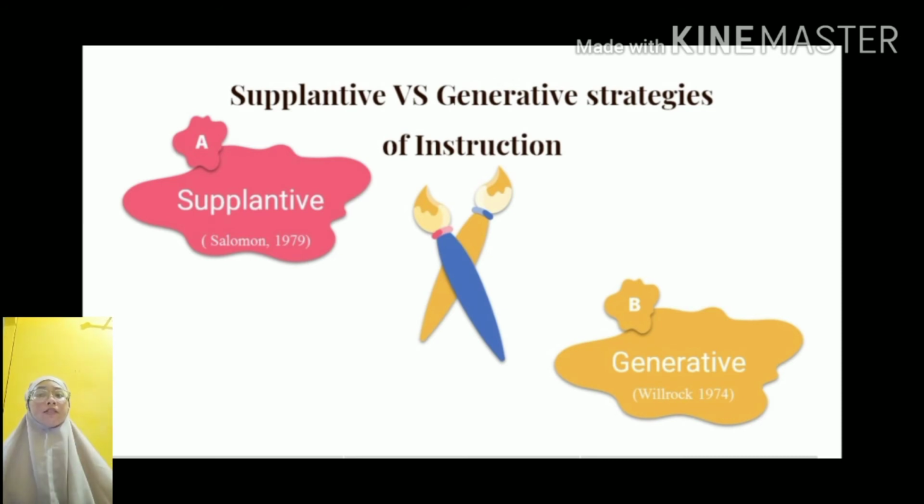And for the generative strategies, according to Wittrock 1974, generative strategies are those approaches in which learners encounter content in such a way that they are encouraged or allowed to construct their own idiosyncratic meanings from the instruction by generating their own educational goals, organization, elaboration, sequencing and emphasis of content, monitoring of understanding, and transfer to other contexts.